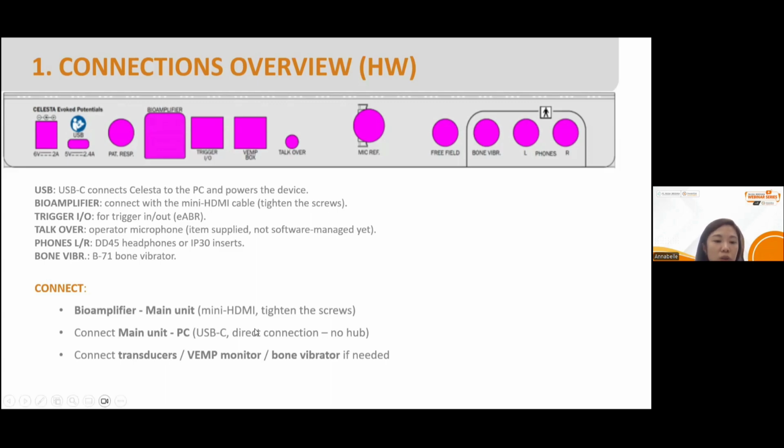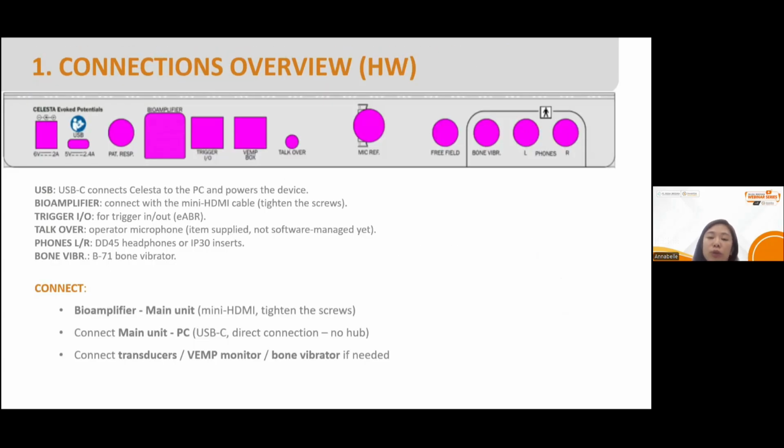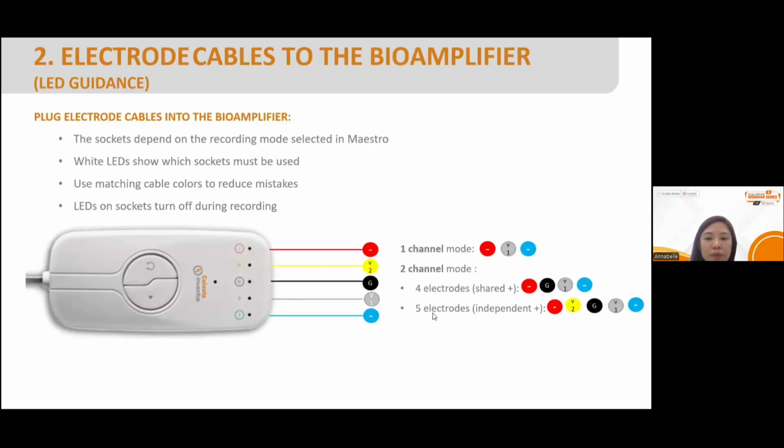Okay, and then you have a power amplifier, a main unit, and then the transducers, the insert phones, the headphones, and the bone vibrator if needed, and of course not needed every time, such as for a kid with fairly normal hearing. And then channel one and channel two on the power amplifier, and the 4 to 5 electrodes.